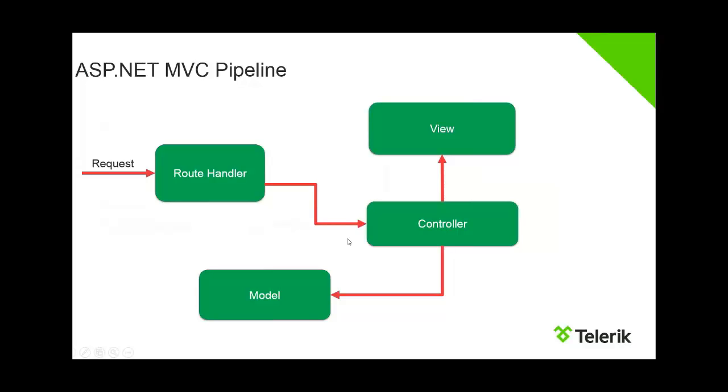The route handler goes ahead and creates the controller. The controller will either give you back a view or give you back data or whatever it is, and sometimes it will use a model. If we go one level deeper, have you ever wondered that the controller is actually a plain old C# class, a POCO?